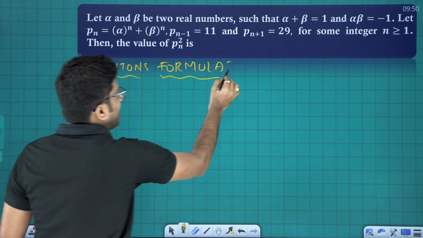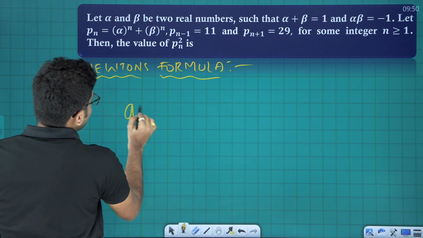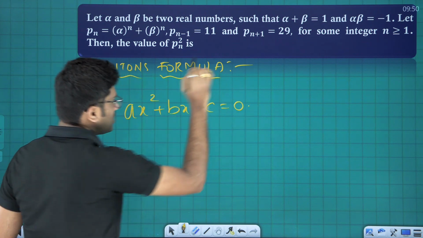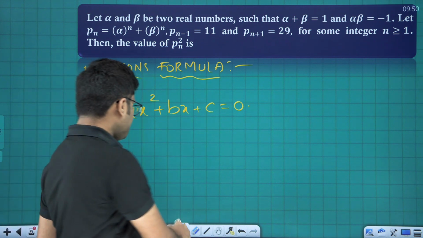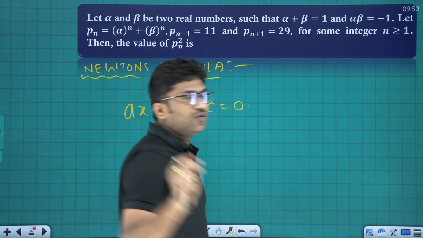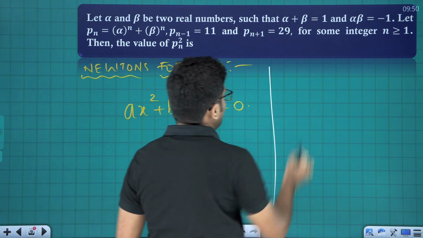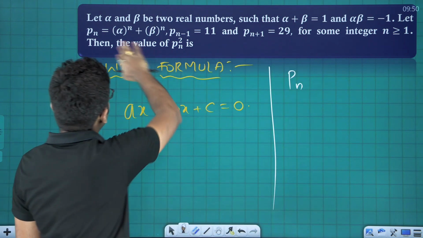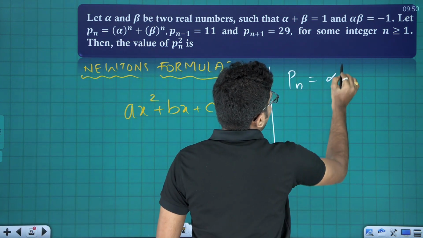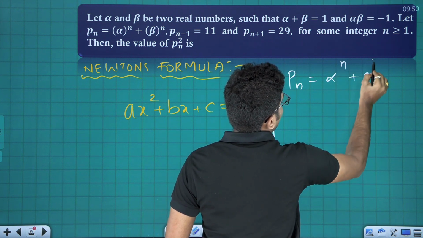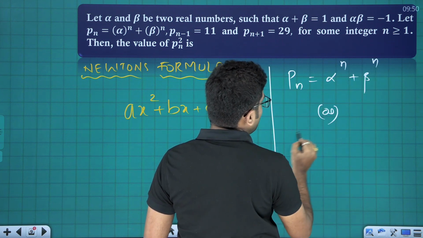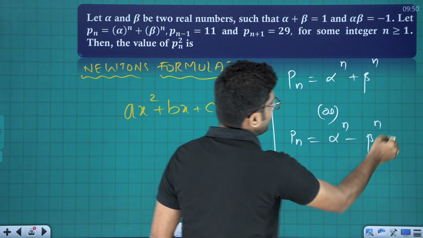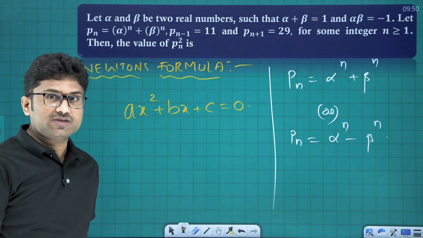If they give you a quadratic equation, let's say ax square plus bx plus c is equal to 0. Now, whenever you come across statements like, let's say, pn or an, they give you pn is equal to alpha power n plus beta power n, or they can give you pn is equal to alpha power n minus beta power n.